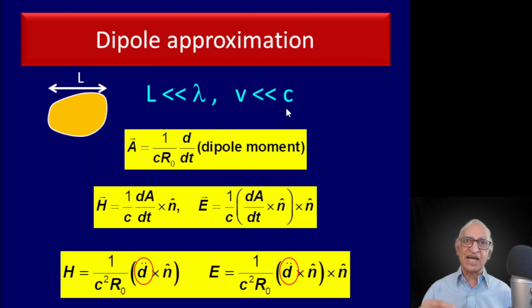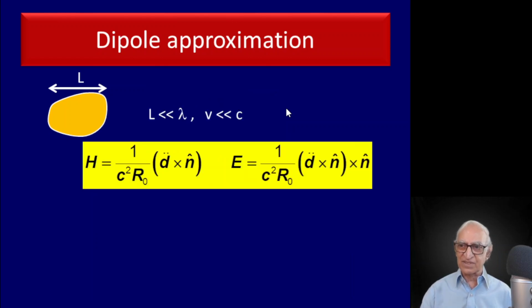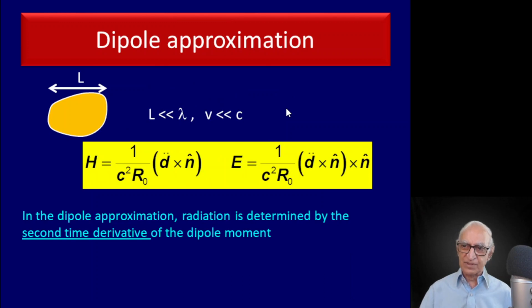So if the second time derivative of the dipole moment doesn't exist, the dipole moment may exist, even the time derivative of the dipole moment may exist, but the electric field and the magnetic field don't exist. The transverse electric and the transverse magnetic field don't exist.